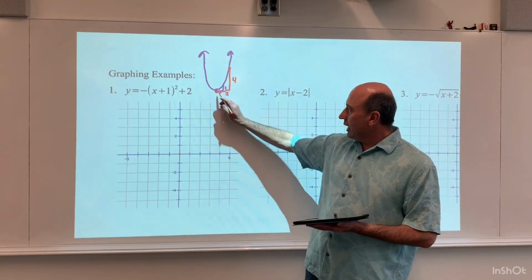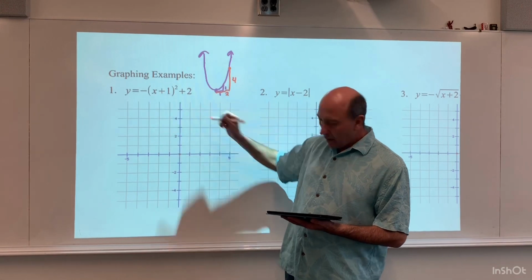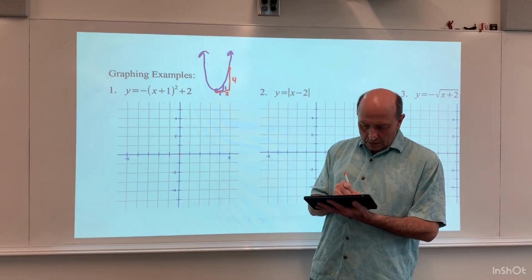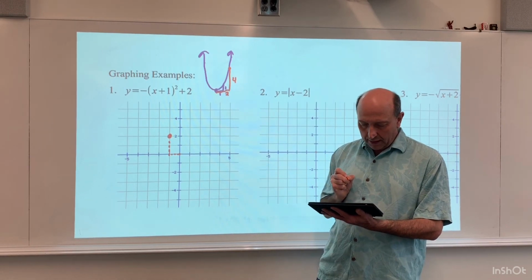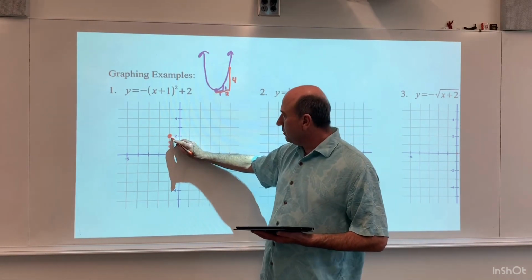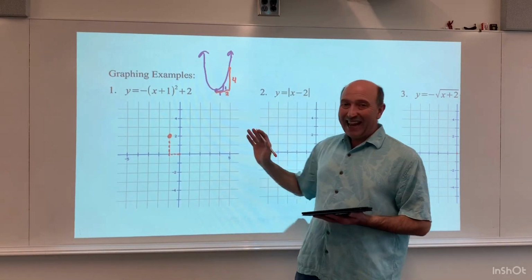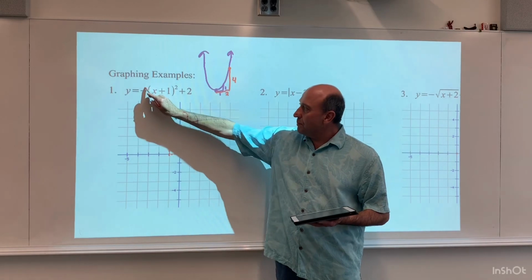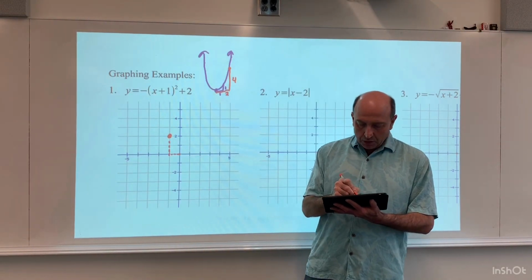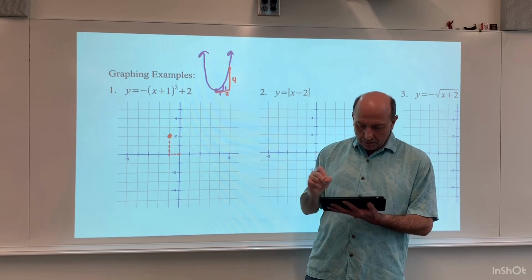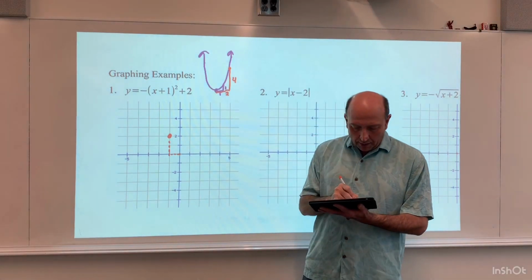Okay, so now the vertex that was at 0, 0 went to the left 1, up 2. So that's my new vertex. Now it's flipped upside down, and it has the same shape. Changing the shape, there's a number in front. There's no number in front here. So now, instead of over 1, up 1, I'm going to go over 1, down 1.